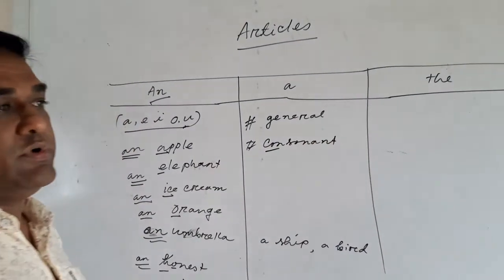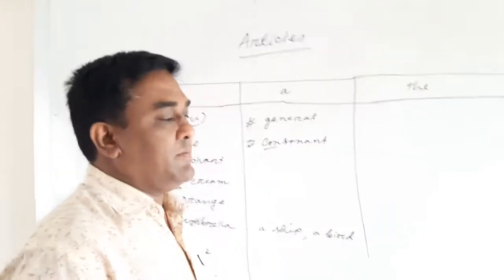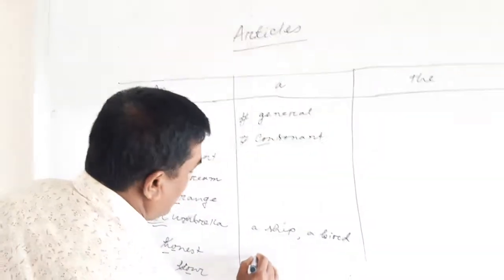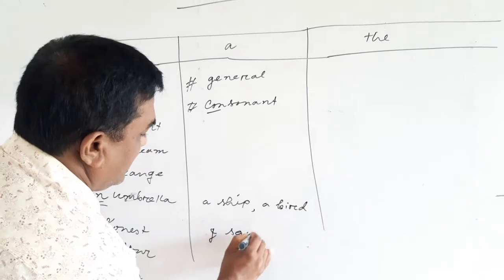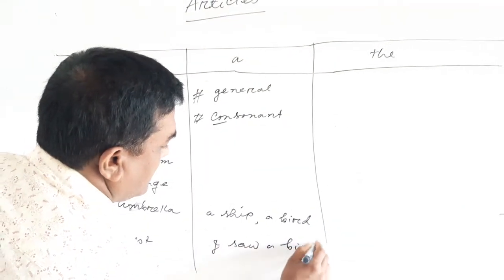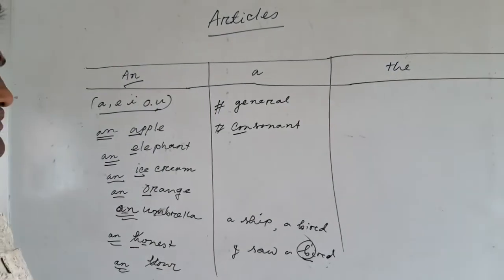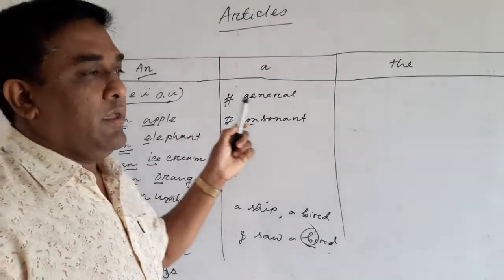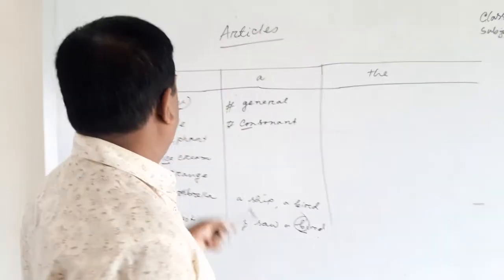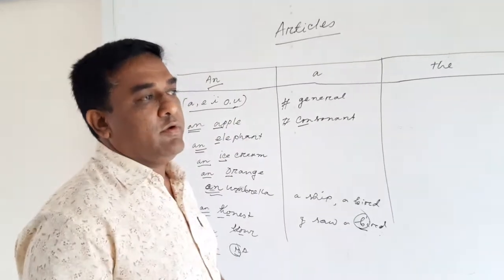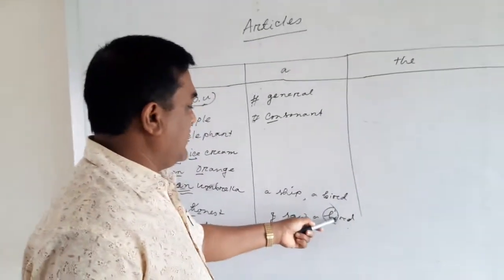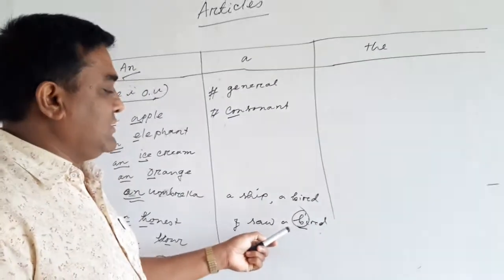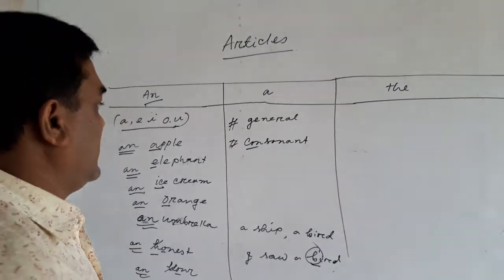The word that begins with a consonant takes the article A. Suppose I saw a bird. This word begins with a consonant. You know, among the 26 letters, we have 5 vowels and 21 consonants. So, B is a consonant and the word beginning with a consonant takes the article A.